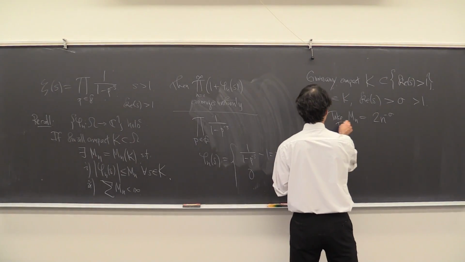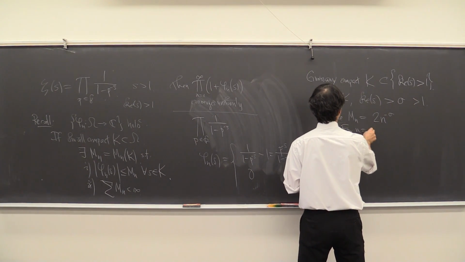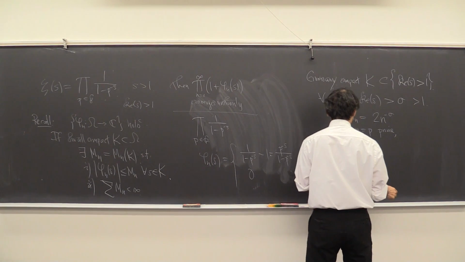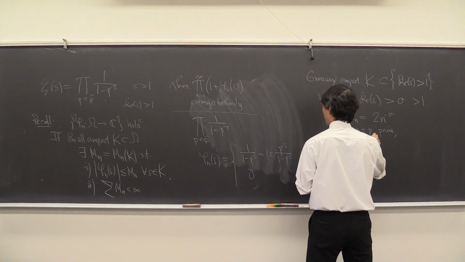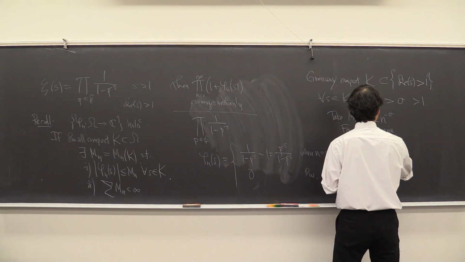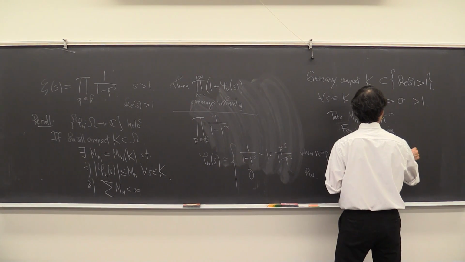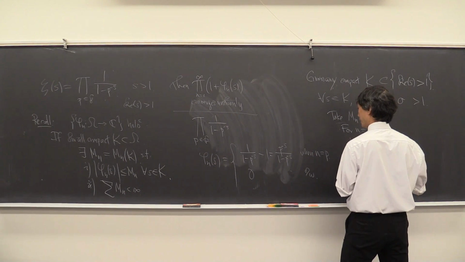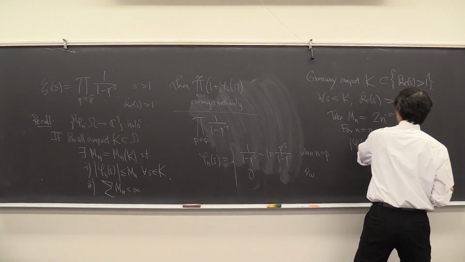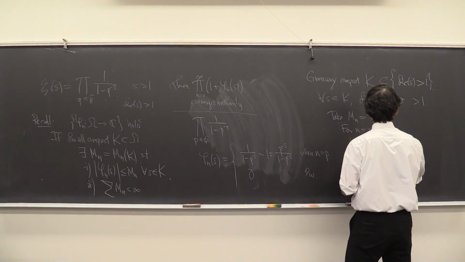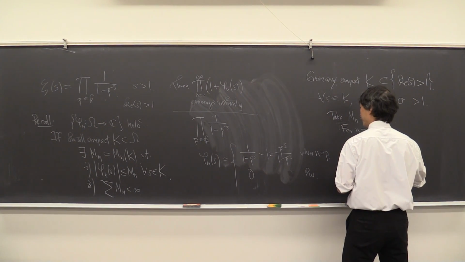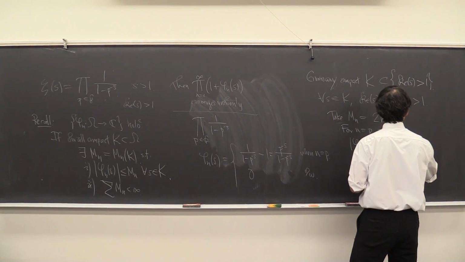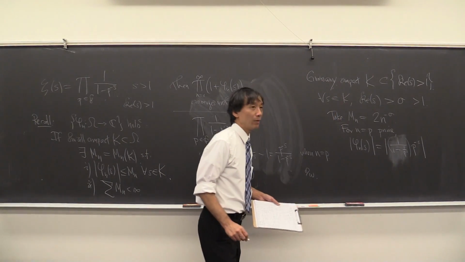And for n equals p a prime, well, this thing is 1 over 1 minus 1 over p to the s. Sorry, can you write it this way? This is 1 over 1 minus 1 over p to the s, times p to the minus s, right?